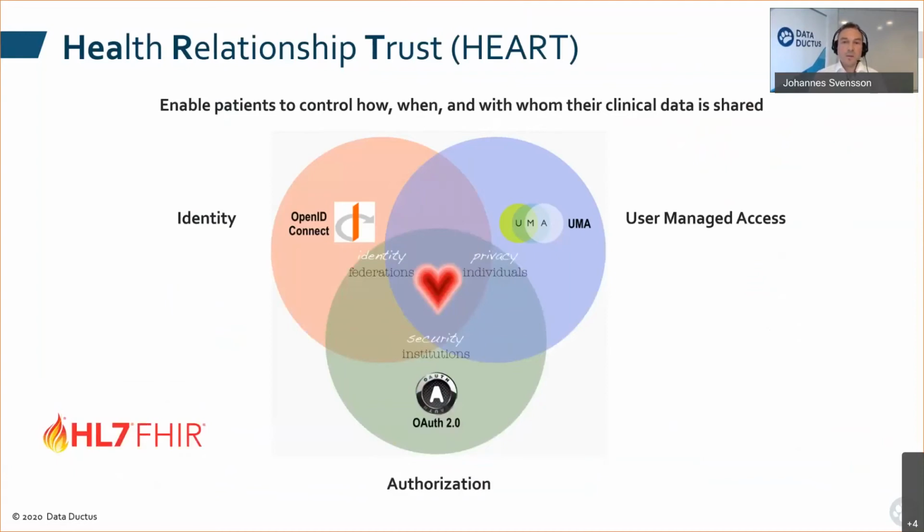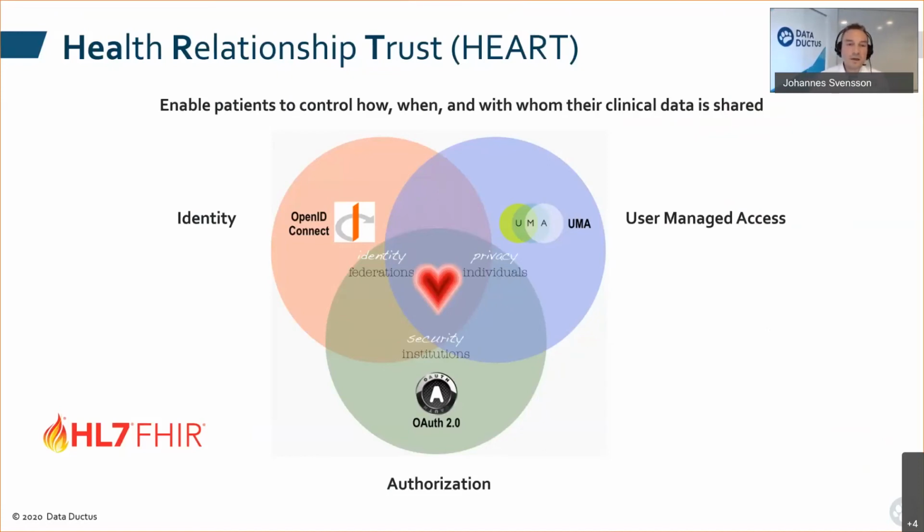But when we move out to the broader perspective, where the patient wants to share his or her medical records, or the family's medical records, with clinicians outside the local healthcare solution, then we still don't have any good way to manage this user managed access, how to give consent to another caregiver to read data about me. And that's where Health Relationship Trust comes in, HEART.